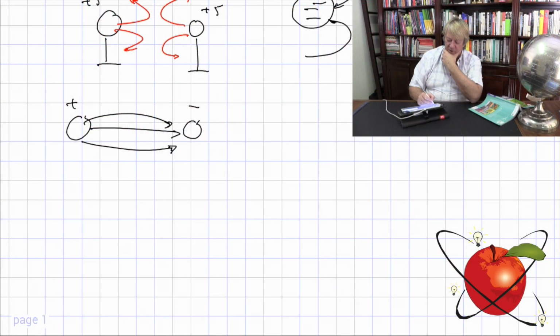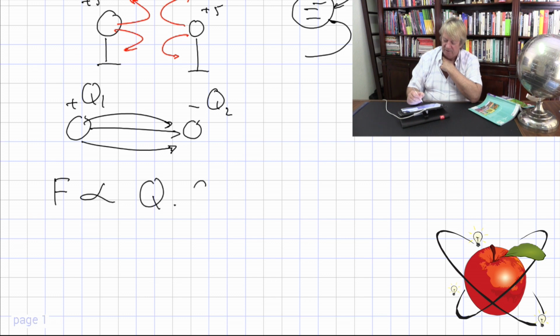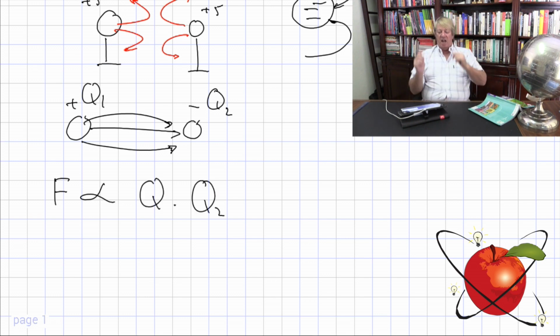Does this echo something from the past about Newton's universal law of gravitation? It's the same thing, isn't it? The force between these guys here is proportional to the charge, which is Q1, Q2. In other words, how strong is the positive, how strong is the negative?